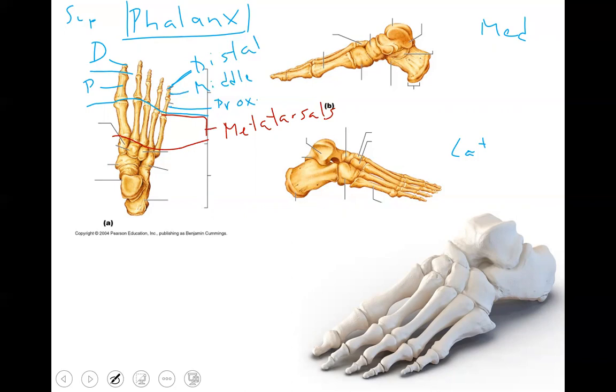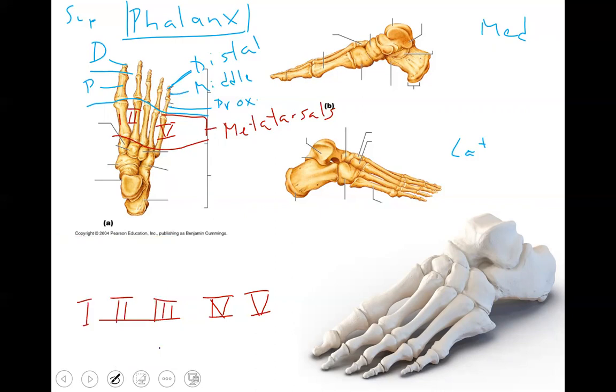The Roman numerals start at the big toe. So I, II, III, IV, and V at the end. Okay, and just to be clear, these are your Roman numerals. Please use Roman numerals and not Arabic numbers. Okay.